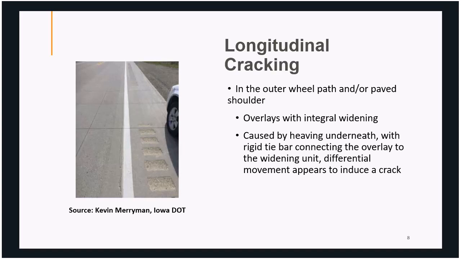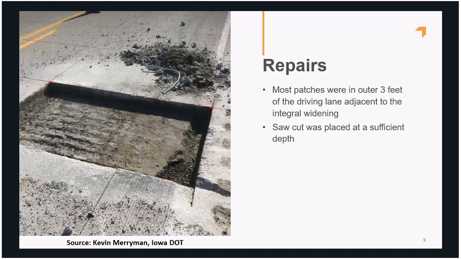So the differential movement appears to induce a crack in the panels. This cracking is sometimes isolated to individual panels in the outer wheel path, but also sometimes runs continuously through a series of panels and extends into panels that are closer to the center line.